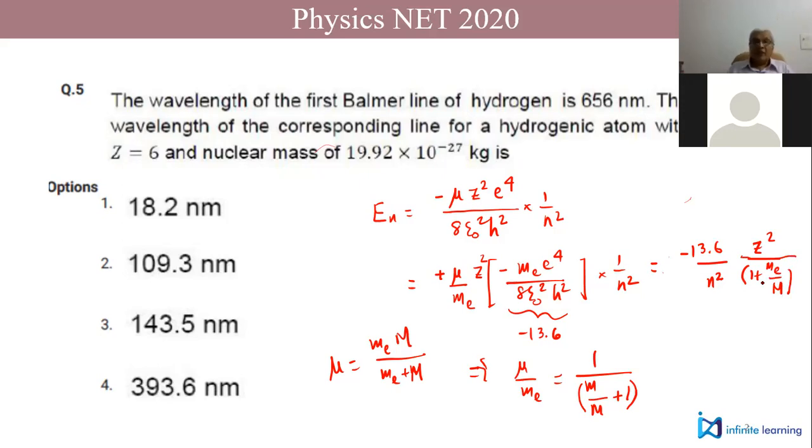But it would definitely matter here. Now, wavelength goes as the reciprocal of energy. So wavelength will go as 1 over Z square.